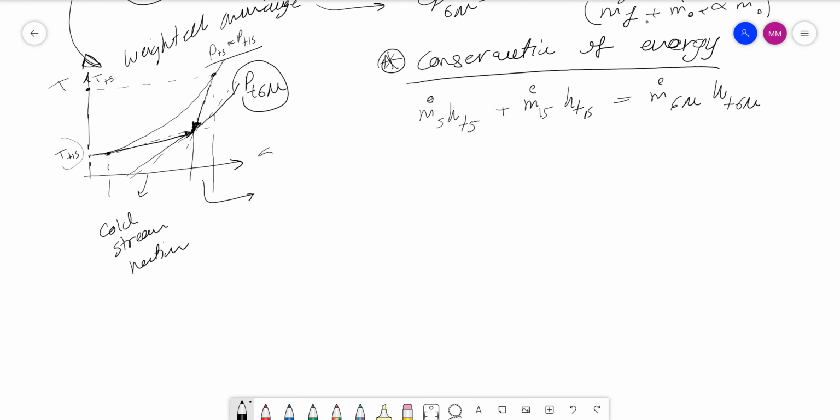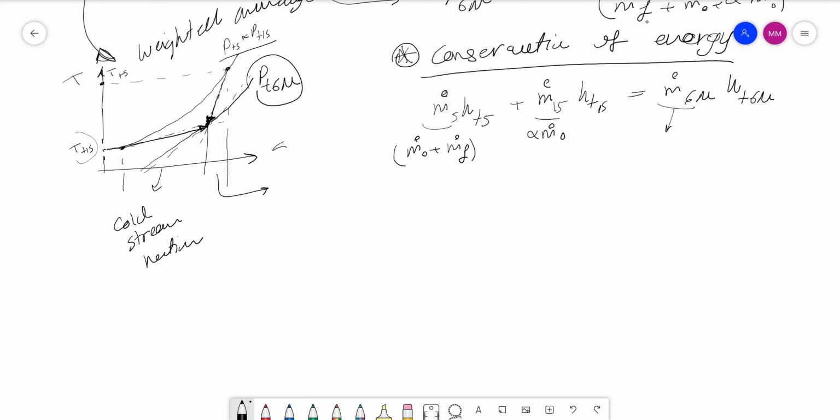Of course, we can divide all of these by an m dot naught and replace it with the relationship we have. We have the relationship of all of these with m dot naught. So this is going to be alpha m dot naught. This is going to be m dot naught plus m dot f, right? And this is going to be m dot naught plus m dot f plus alpha m dot naught, right?